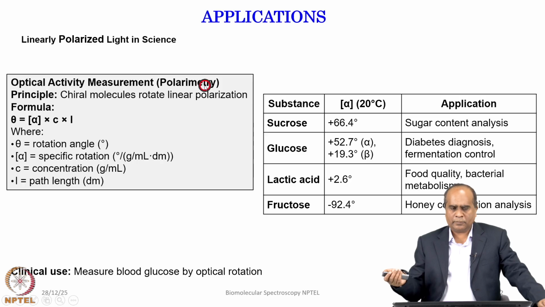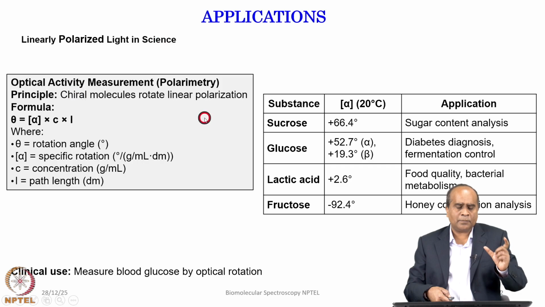CD, I talked to you about protein secondary structure determination, but even linearly polarized light has an important function to play in science. The optical activity measurement we do by an instrument called a polarimeter basically measures how chiral molecules rotate this linearly polarized light.